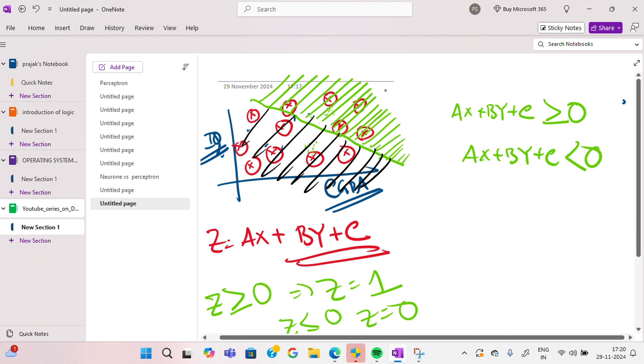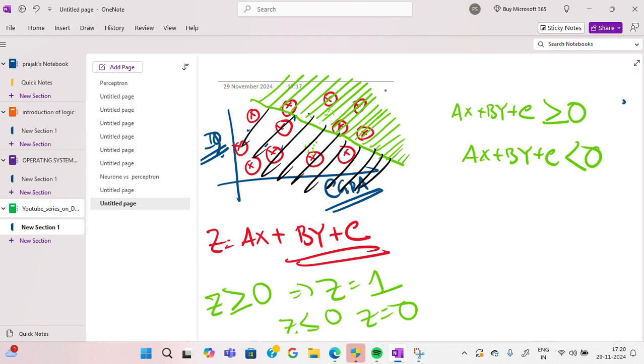So two different portions are created, one positive, one negative.